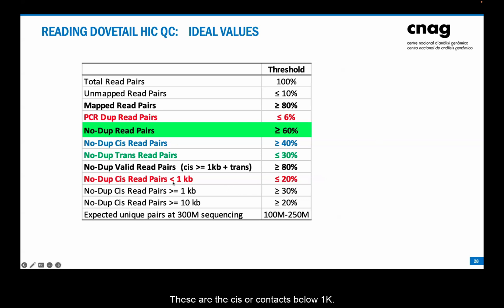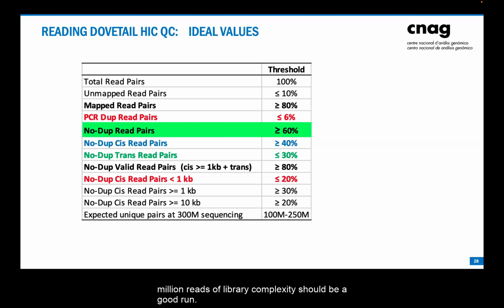These are the cis contacts below 1 kb, okay? And for the cis contacts above 1 kb, you would like to have at least 30%, and at least 20% of long-range cis contacts. And as I said before, between 100 and 250 million reads of library complexity should be a good value.